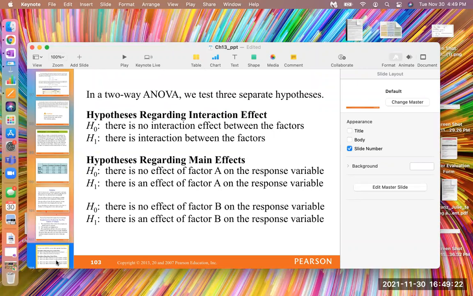And there's actually 3 separate hypotheses, and so 3 p-values that we're going to be checking for two-way ANOVA. The first one is any interaction, because if there's any interaction, like I said, we're not going to be interpreting the main effects, or only with extreme caution.